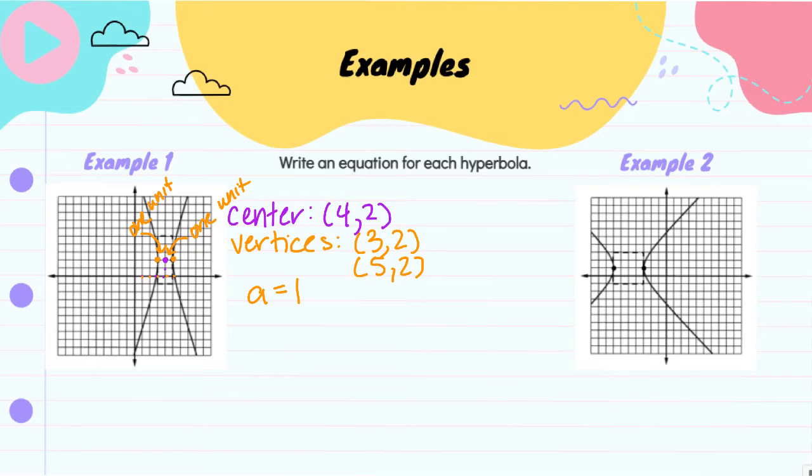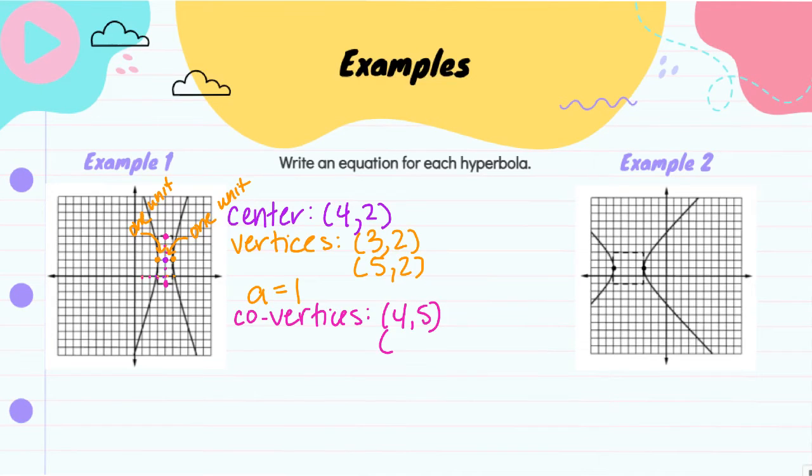So now we need to find our co-vertices. The co-vertices are going to come from this little box that's been sketched out here. So we have a co-vertex up here and another one down here. That would be this point, 1, 2, 3, 4, 1, 2, 3, 4, 5.